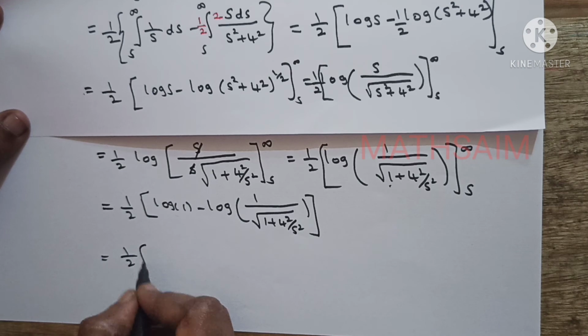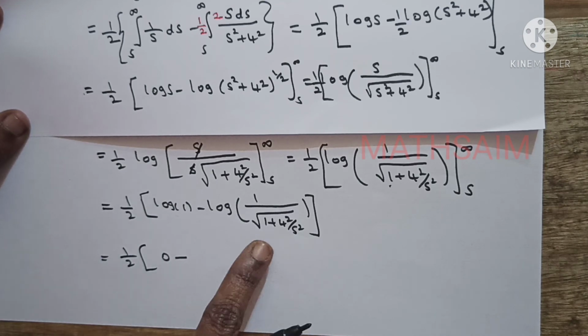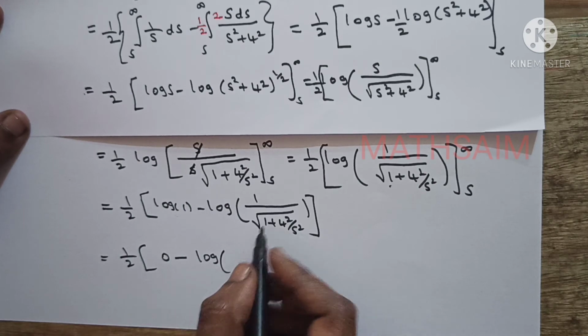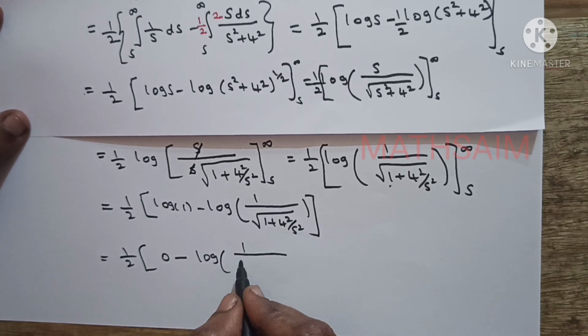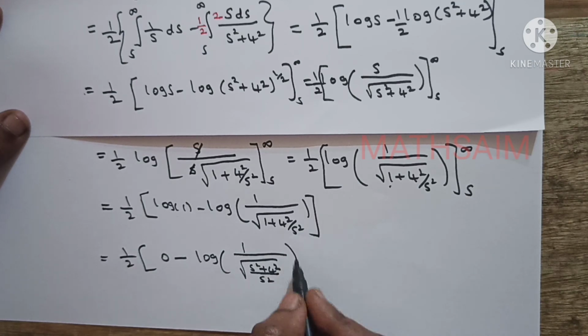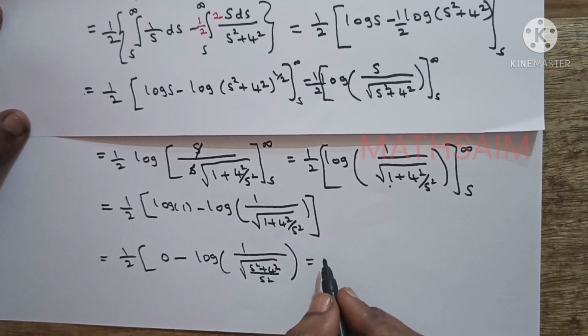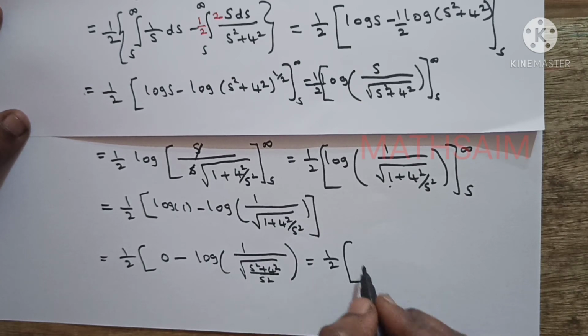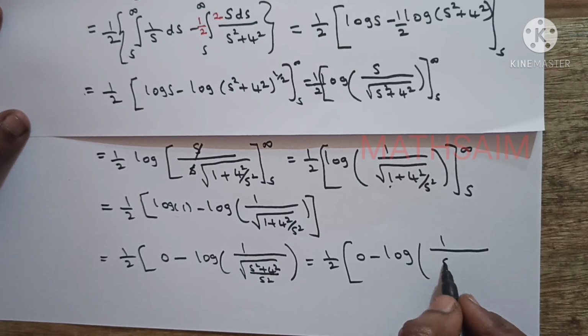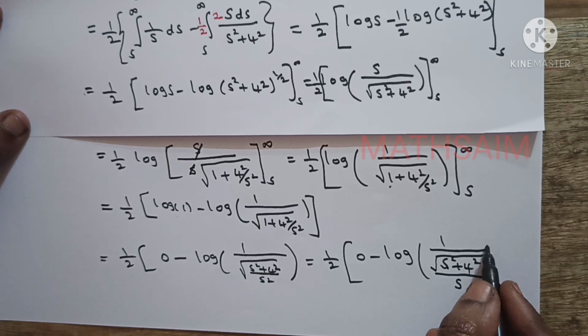So this is 1 by 2 into 0 minus, you just take the LCM here. It will be log of 1 by square root of (s square plus 4 square) by s square. Everything is within this square root only. Now you split this one. So now this will be 1 by 2 into 0 minus log of 1 divided by square root of s square plus 4 square by s.